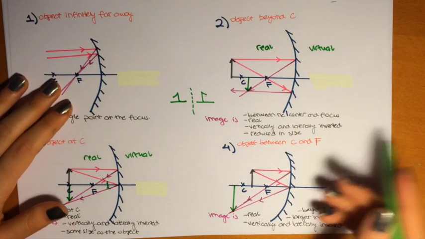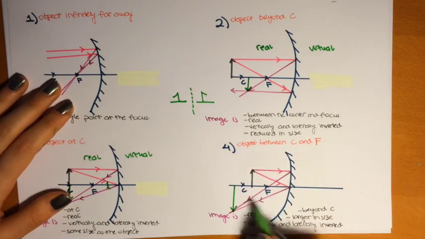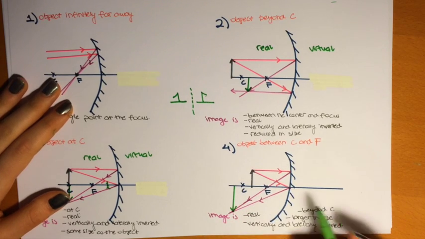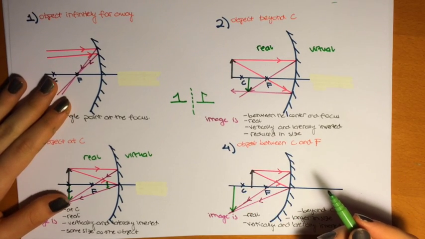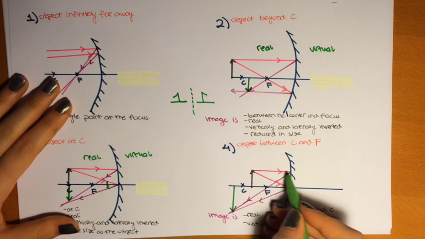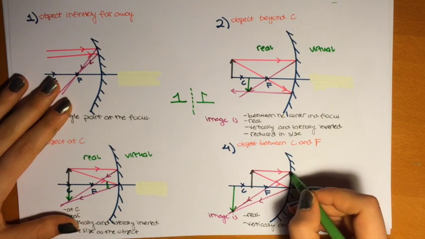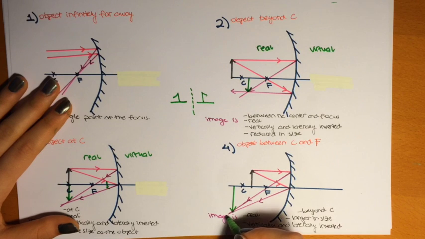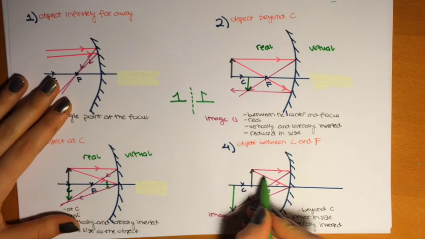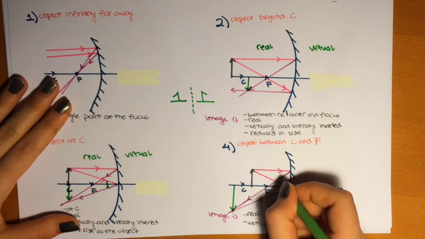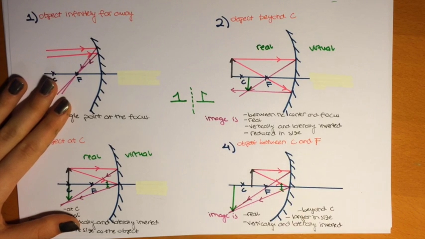Case 4 shows my object between the center and the focus. I'm going to send my special rays as I do. Send one parallel to the primary axis, it reflects from the focus. And then send the other one to the vertex, it reflects with the same angle here.